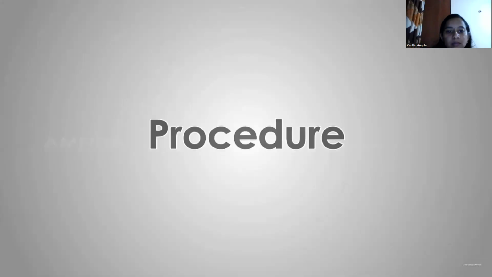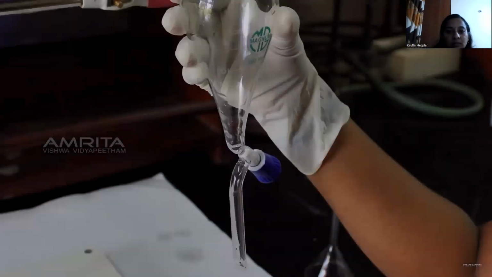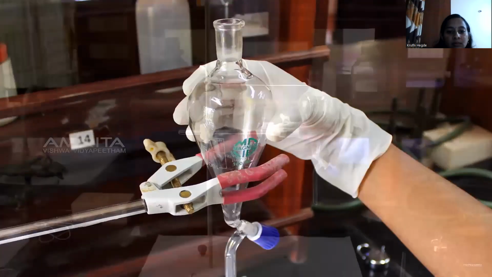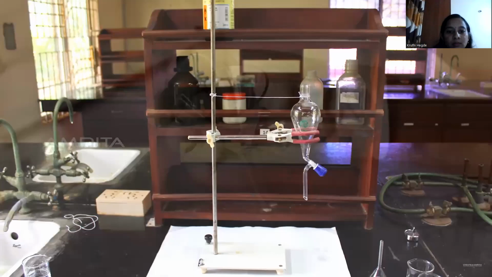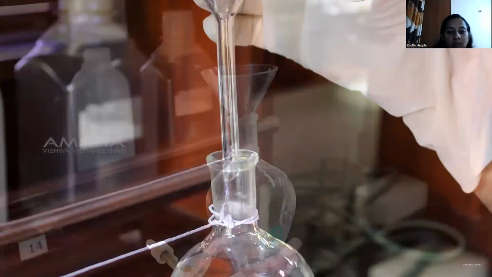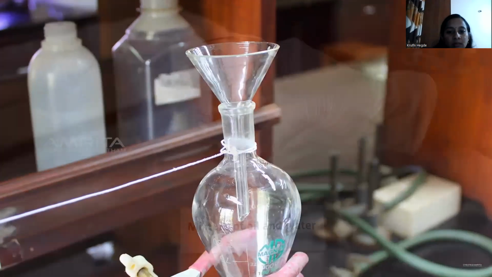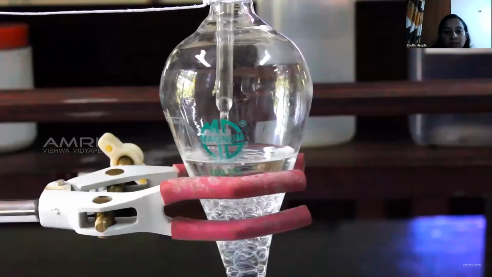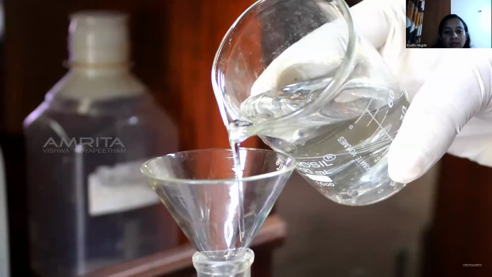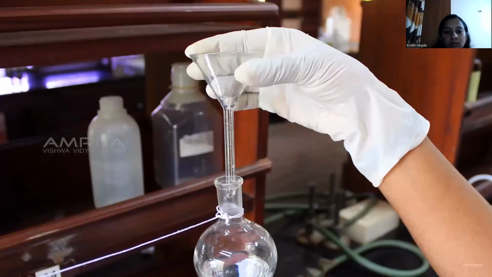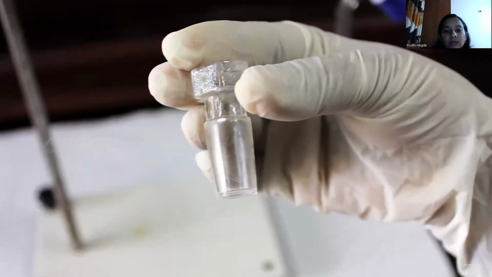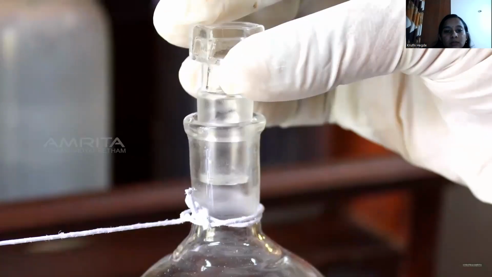Procedure: first, take the separating funnel and clamp it on the stand. Now, take a filter funnel and place it on the mouth of the separating funnel. Pour the mixture of oil and water into the separating funnel through the filter funnel. Then remove the filter funnel from the separating funnel and close the separating funnel using a lid.